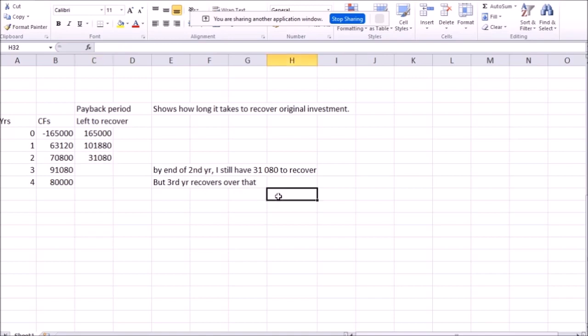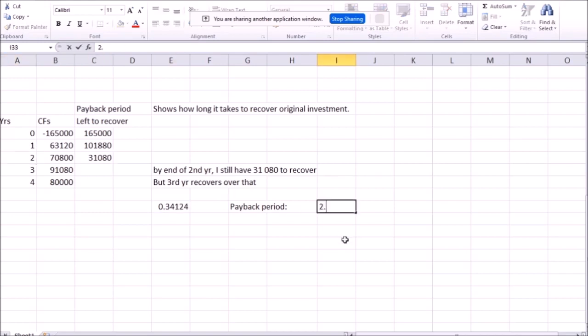How much is that fraction? What I need to do is take this last positive number and divide it by the cash flow of the next year. So it's going to be equals this divided by this. So I'm going to need that fraction of the next year plus these 2 years. So the answer is going to be this last year for the last positive number plus this fraction.